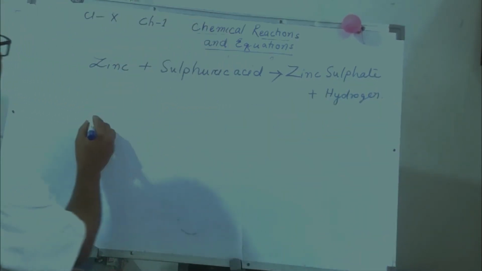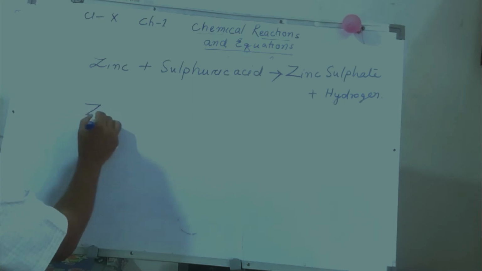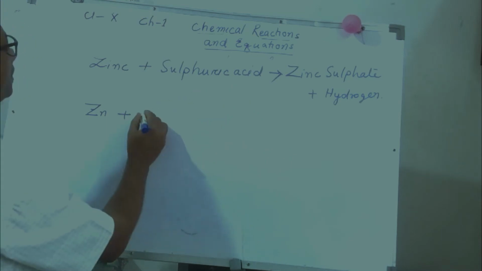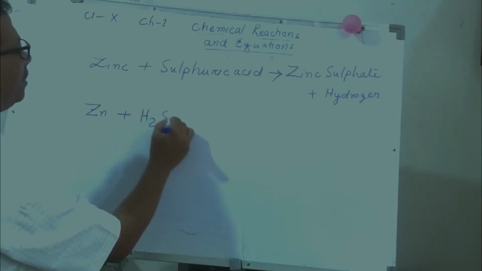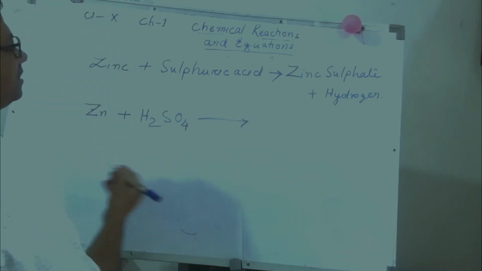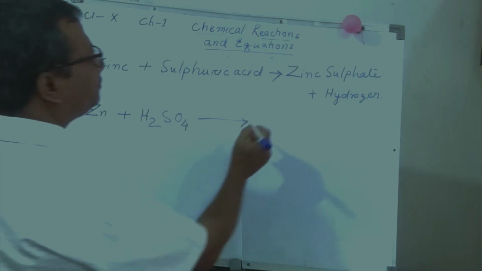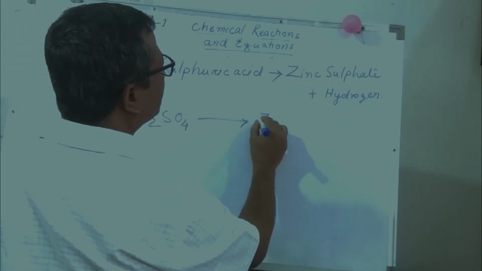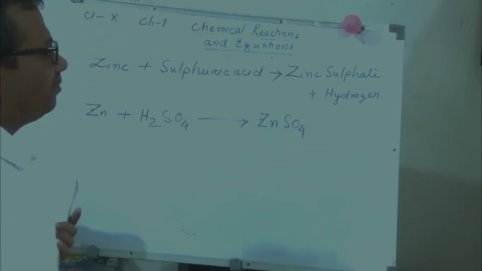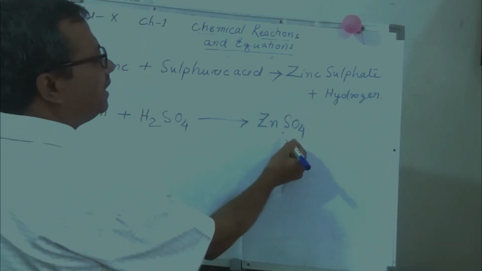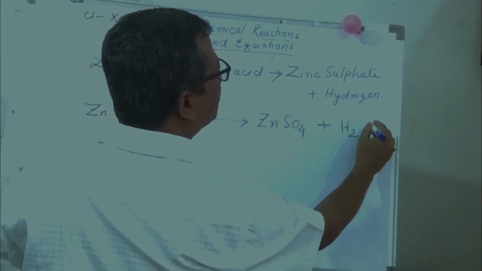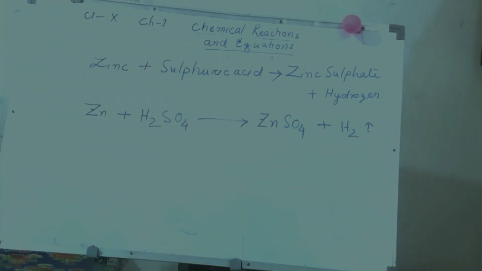Symbolically, we can write this chemical equation like this: zinc plus the chemical formula of sulfuric acid, H2SO4. When the reaction takes place between them, zinc sulfate, ZnSO4, is formed. The chemical formula of zinc sulfate is ZnSO4, plus hydrogen gas. Hydrogen gas goes to the atmosphere.